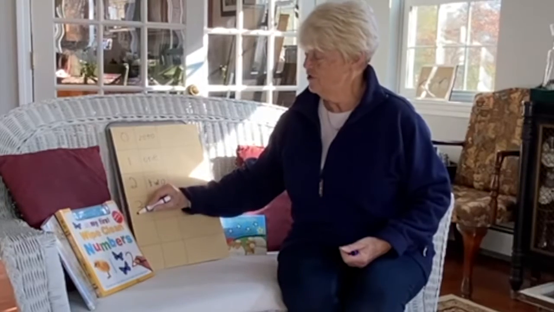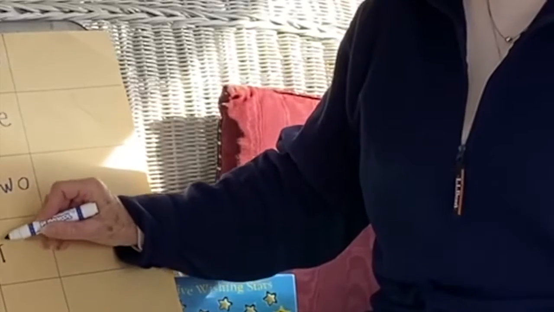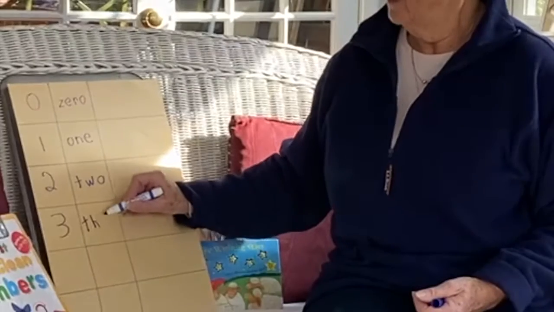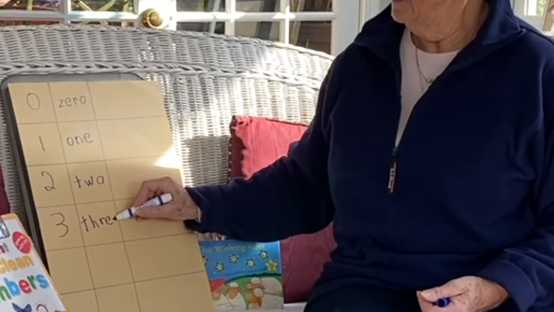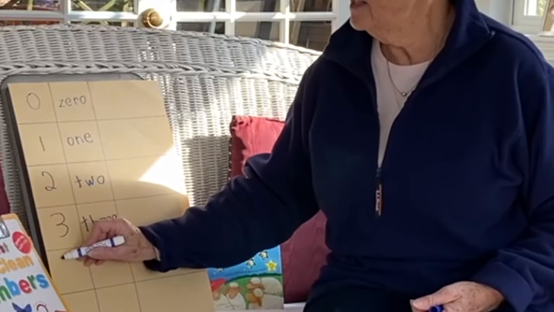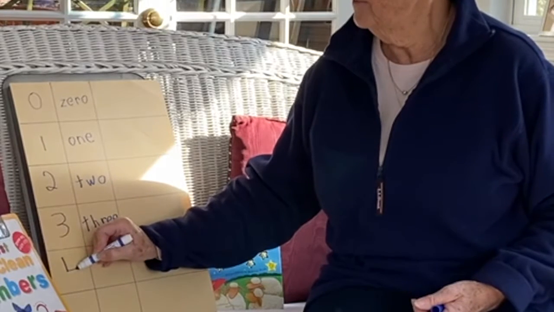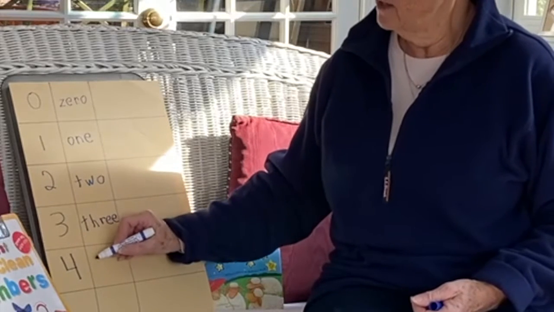This is 3. That's a neat number to write with 2 bumps. T, H, R, E, E. That's fun to have 2 E's on the end. This is 4. That's sort of a fun number too, like stairs.